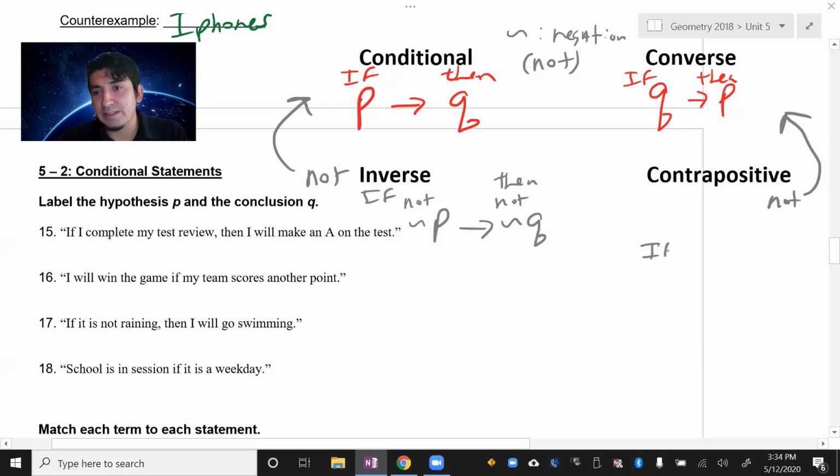So if it is not Q, then it is not P. Okay, so tilde and tilde.